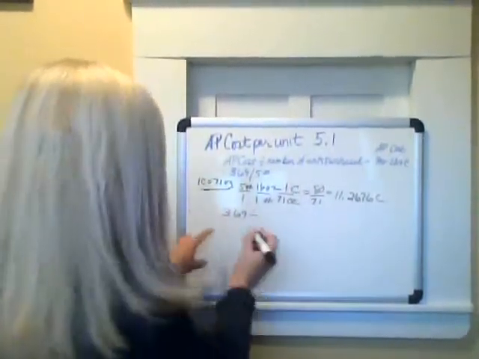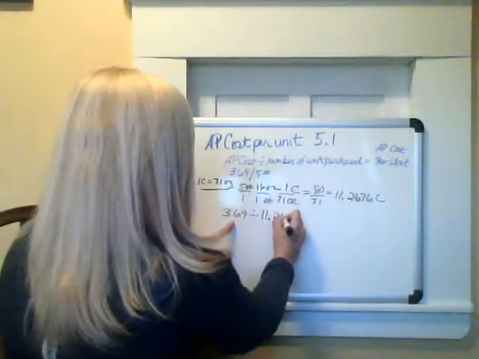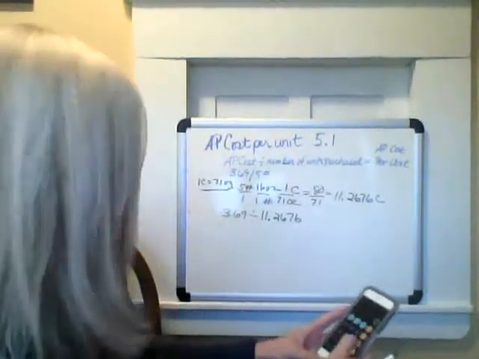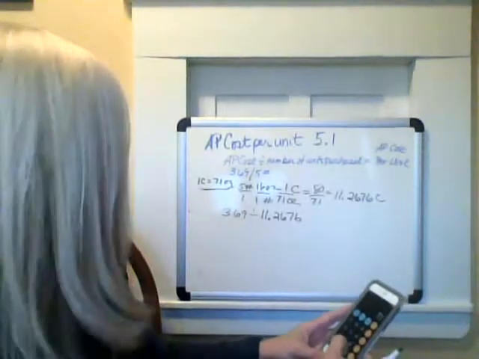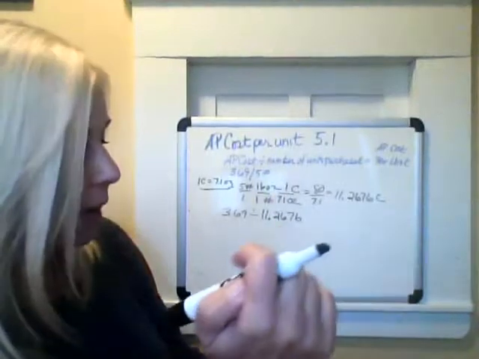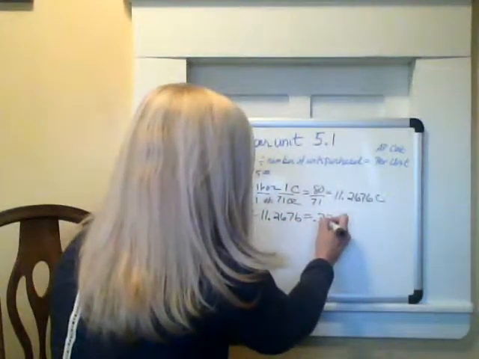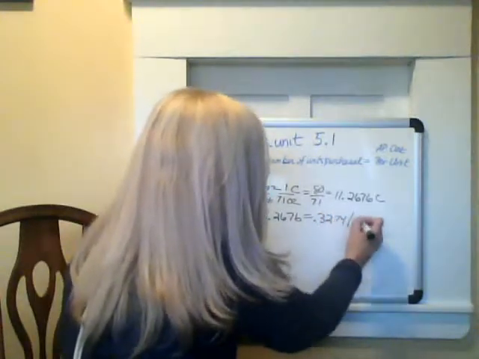Okay, so if we do that, we take the 3.69 divided by 11.2676. Let's do that together on our calculator and see what we get. 3.69 divided by 11.2676, and we get 32.3274 cents per cup.